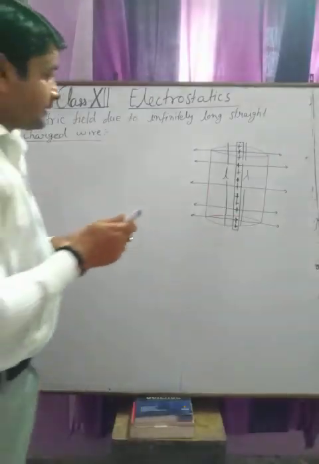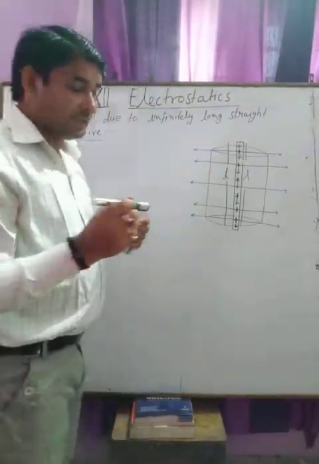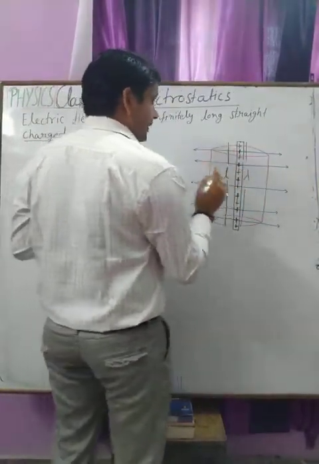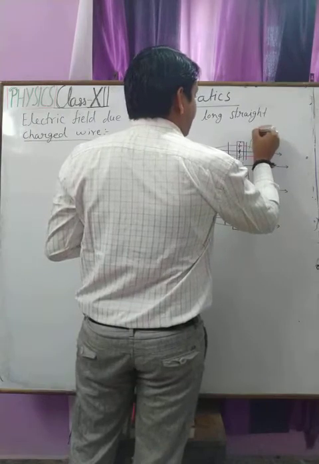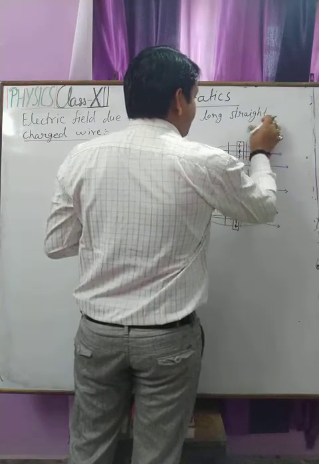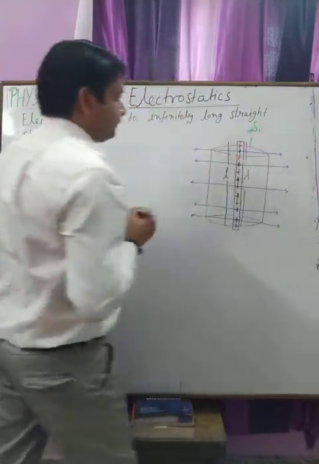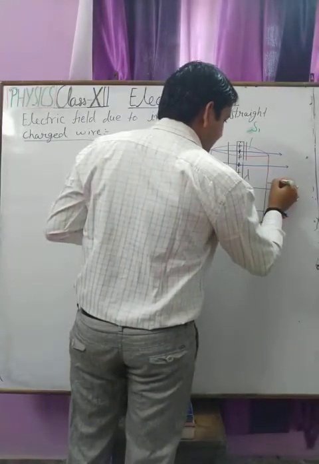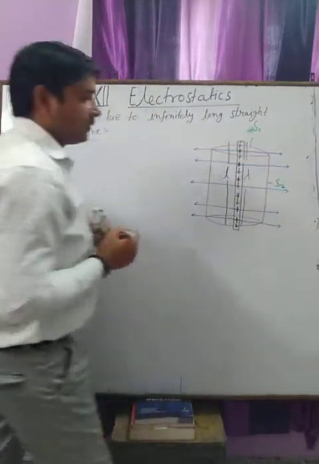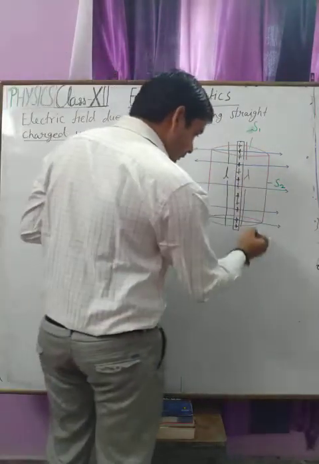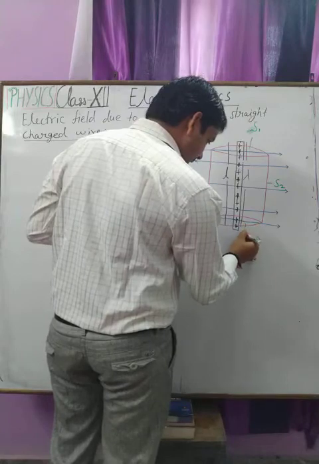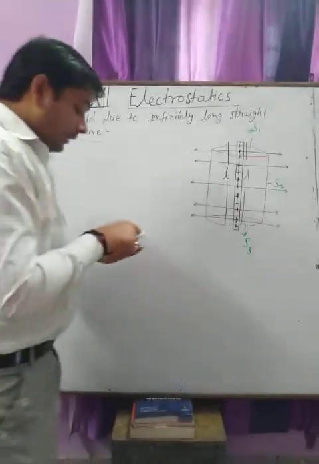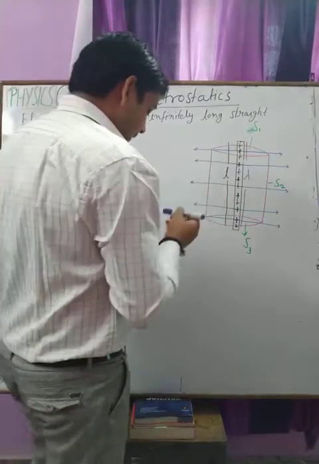Now in a cylindrical surface we have three surfaces. I am specifying these three surfaces. This is surface 1, this is surface 2, and the bottom surface is surface 3.